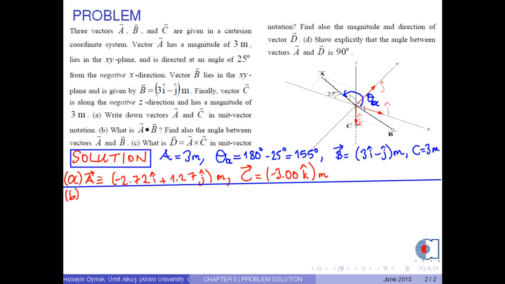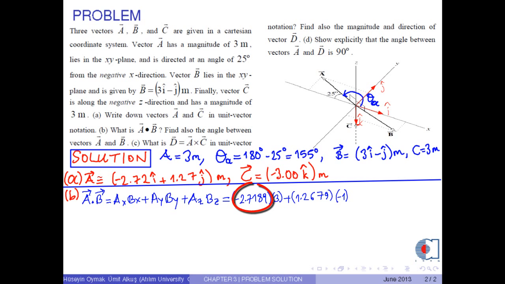In part B, we find A dot B and the angle between vectors A and B. We can write A dot B in terms of their components as AX times BX plus AY times BY plus AZ times BZ. If we substitute the corresponding numerical values into this equation, we get.